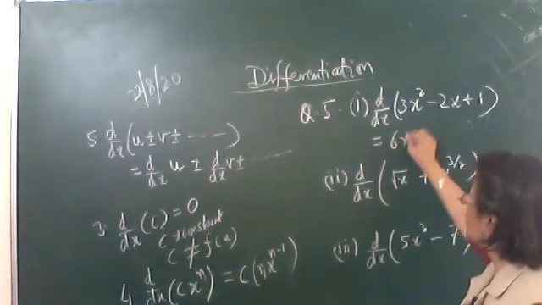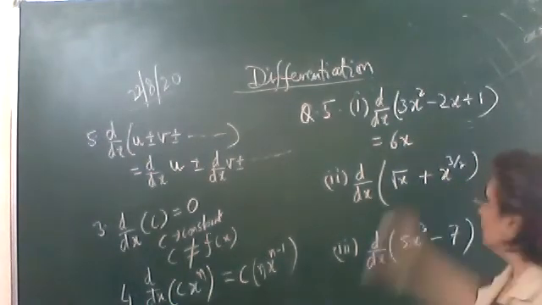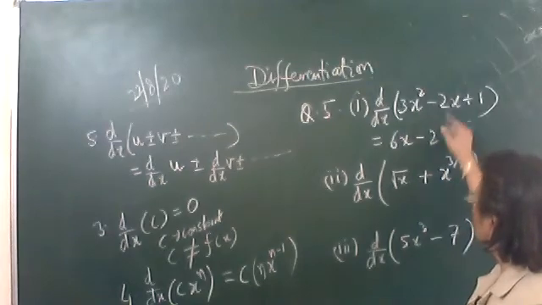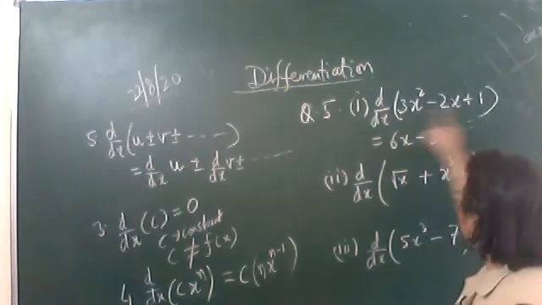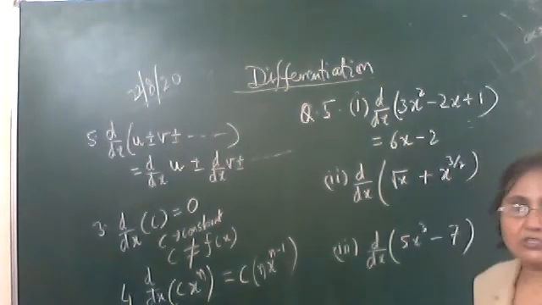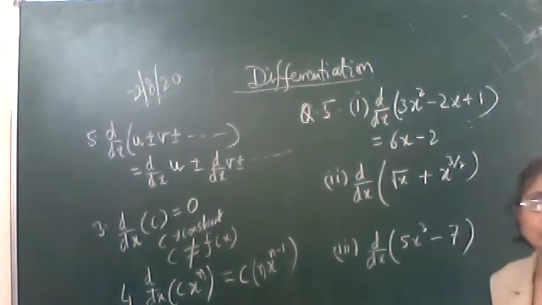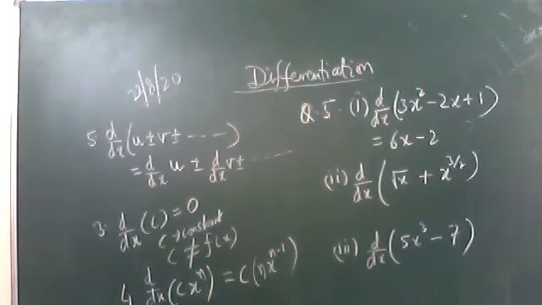So it is 6x minus 2 outside, dx by dx is 1. Then d by dx of 1 is 0. So the answer is 6x minus 2. If you have got this answer, it means you understood. So you can do the next part now.